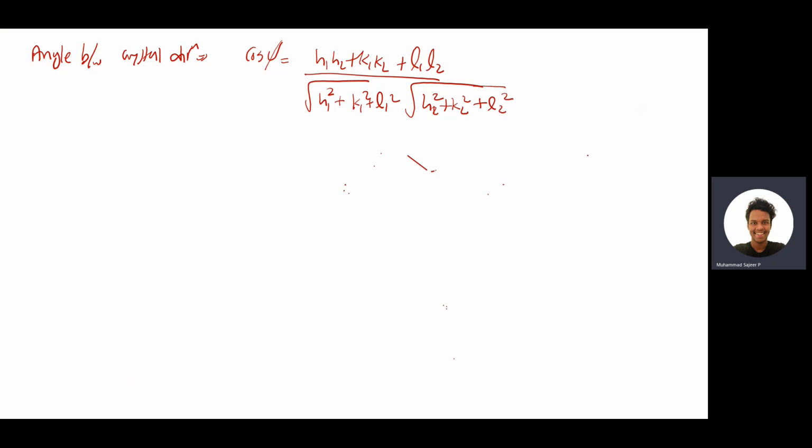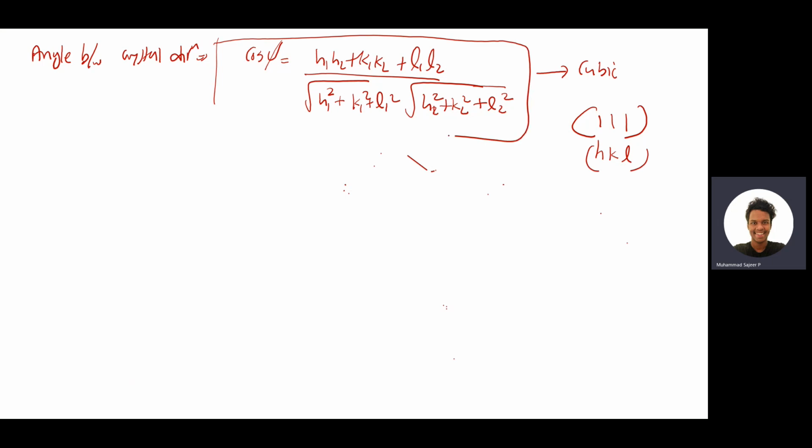This is for the cubic shape. What is this HKL? If the direction is 110 or 011, something like that, or 111, that corresponds to HKL. If they give two directions, then to find the angle between them, use this equation for cubic shape.